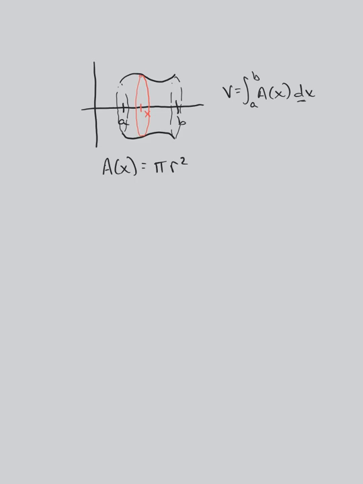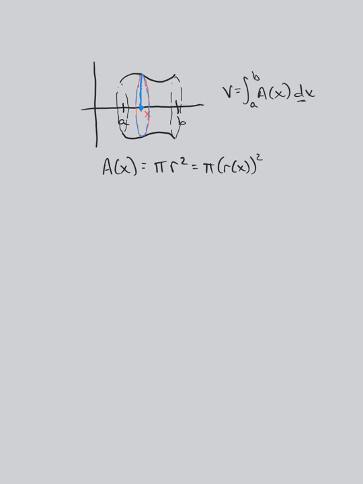Here's my cross-sectional circle, and the center is right there on the x-axis, and the radius goes from the center up to the top of the circle right there. This blue line is the radius at x, and you want to make sure to realize that the radius differs wherever I am, or whatever x value I'm at.